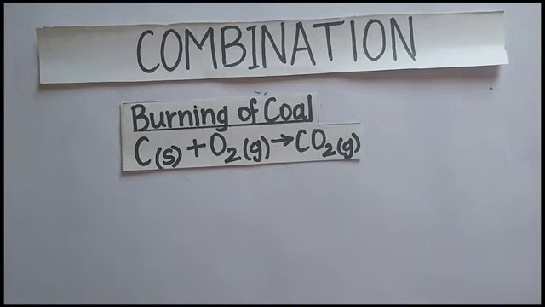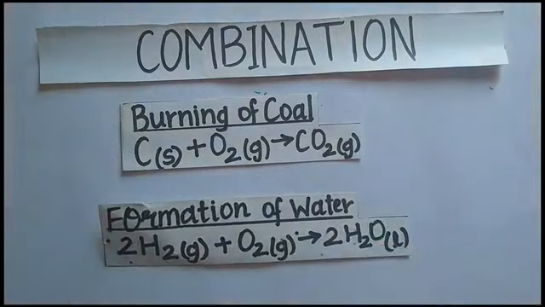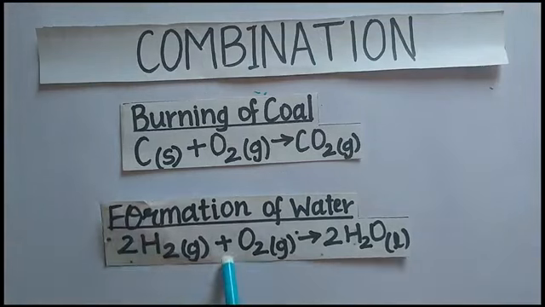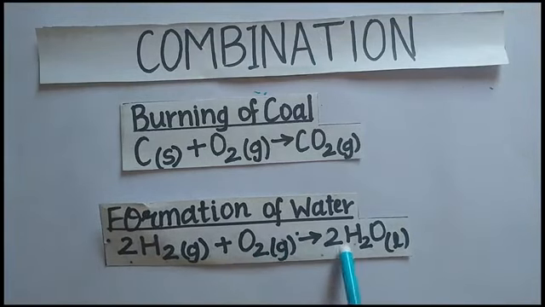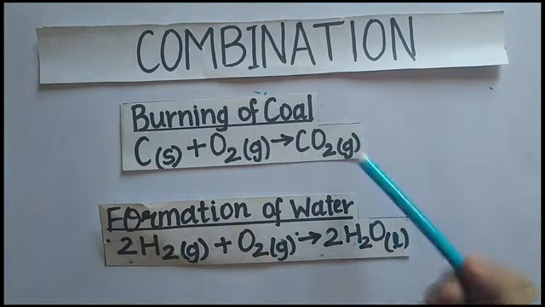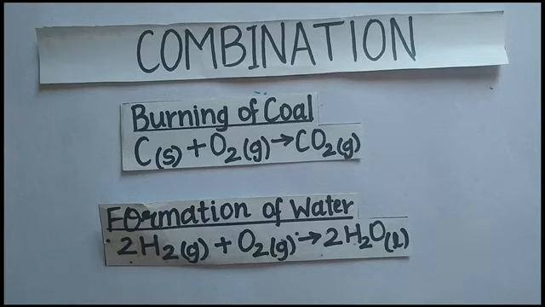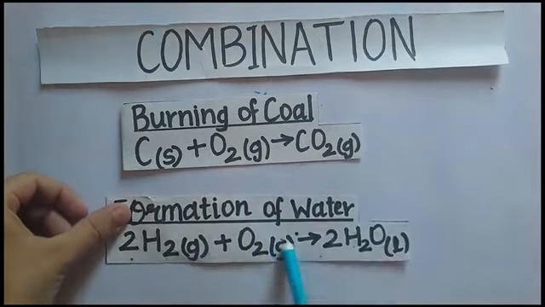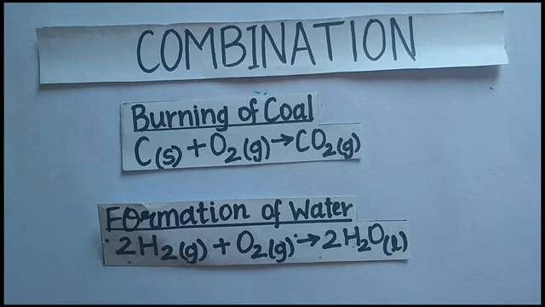Then we have another example, formation of water, where hydrogen reacts with oxygen to give us H2O, which is nothing but water. And remember, the state of all these elements is important. That is why it is being noted down in every reaction from now on. So remind yourself to write down all of these equations, alright?